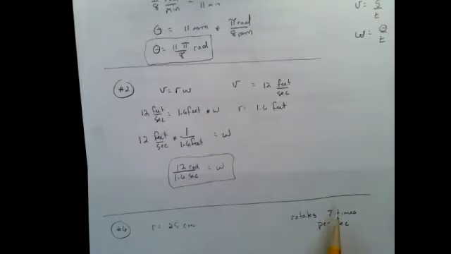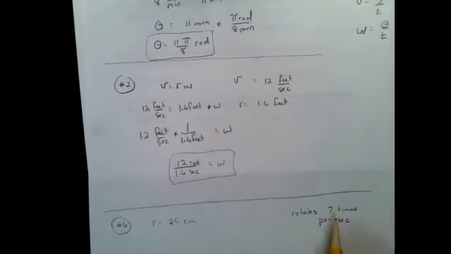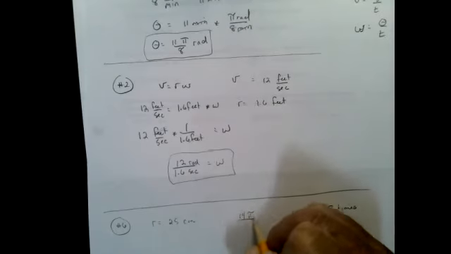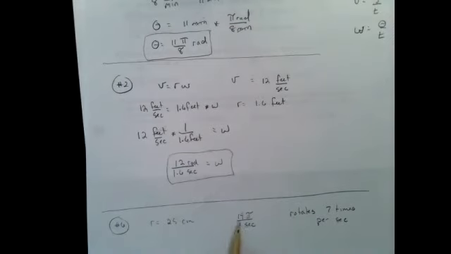If it rotates 7 times, that's like a revolution, right? So if I clean this up, I'm thinking that this is going to be going around. How far around is it one time? 360. 2 pi. So if I go around 7 times, it's going to be 14 pi over 1 second. Now, what is this?